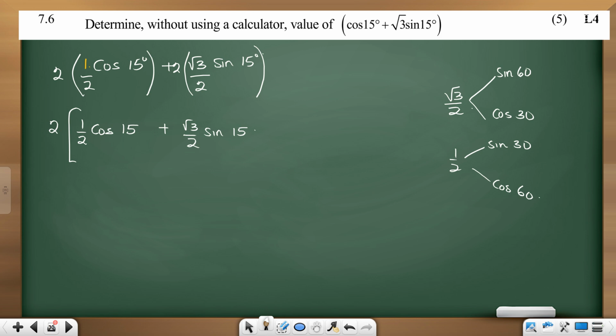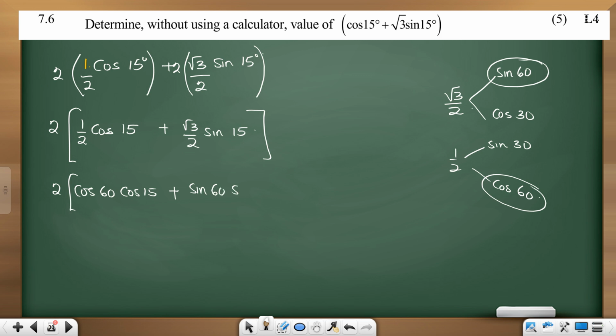If I bring in 60, will it match? Do you notice? So instead of half, what should I write? Cos 60 cos 15. What about root 3 over 2? Bring in 60. Sine 60.